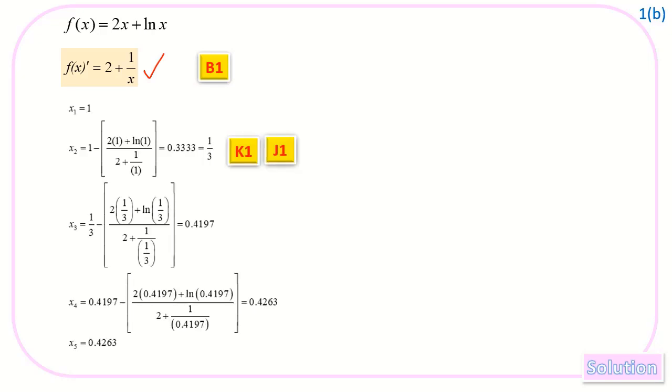Part B, we are going to use the Newton-Raphson method to estimate the intersection point. First of all, we give a B1 for the correct derivative function of f(x), and then we proceed by using the first initial value of 1, and we give you the marks K1 J1 for the first calculation of the estimate value as this, and then we proceed.